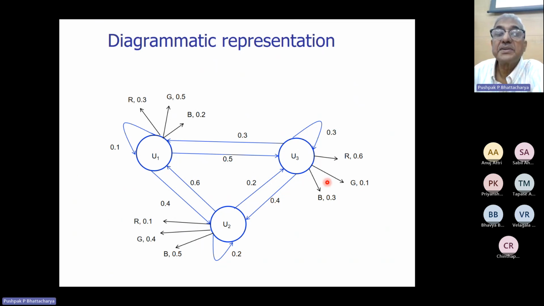So from the transition probability table, I can construct this automaton, the number of states being equal to the number of arcs, and also give the arc weightages in terms of probabilities. Another thing we do is that from every state, I bring out arcs with probability values on them. So the probability of picking up a red ball R is 0.3, green ball is 0.5, blue ball is 0.2, and so on. So this becomes a representation for my transition probability table and the emission probability table.